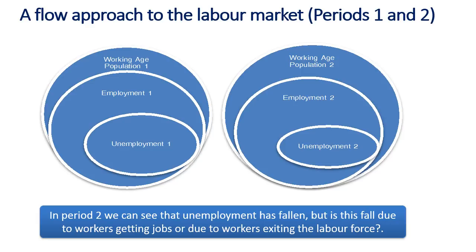So when we look at the flows, on the surface we see a movement in unemployment, but what is actually going on is that people are leaving the workforce altogether. So it's not a better outcome to have lower unemployment if your workforce is also shrinking at the same time. And looking at the flows, we can analyse this better.